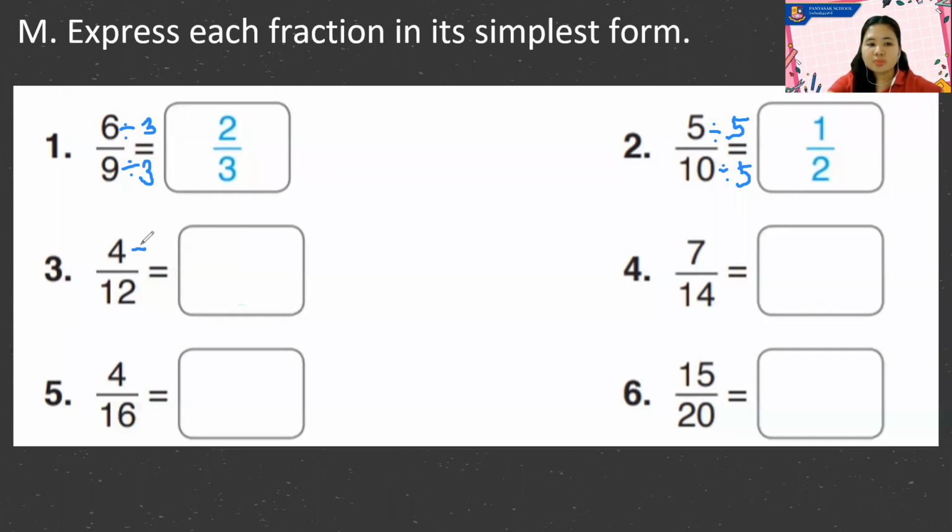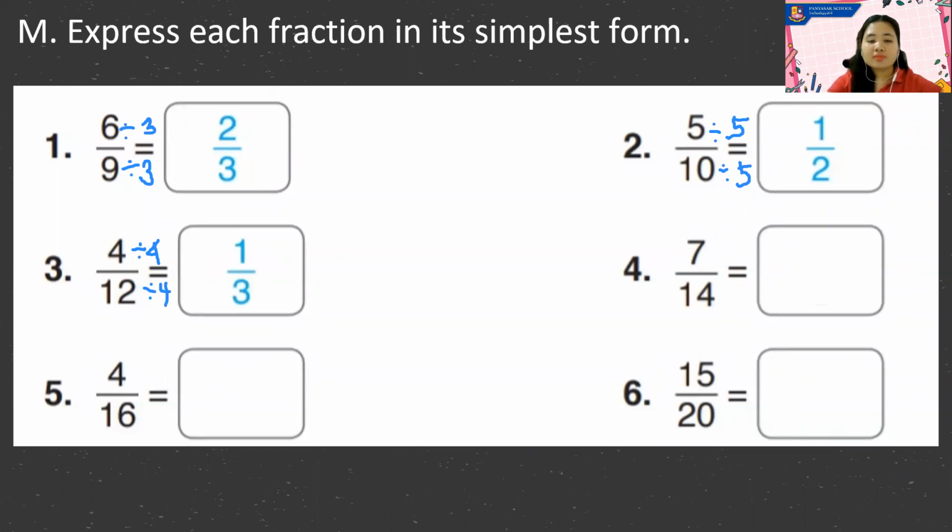So let's divide this by 4, and we divide this by 4 also. 4 divided by 4, the answer is 1. 12 divided by 4, the answer is 3. So the answer for number 3 is 1/3.